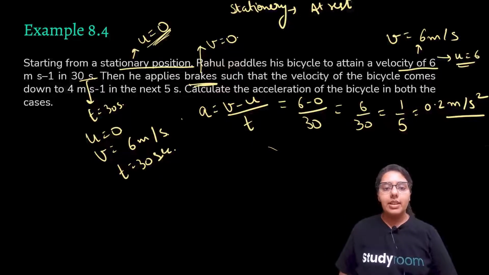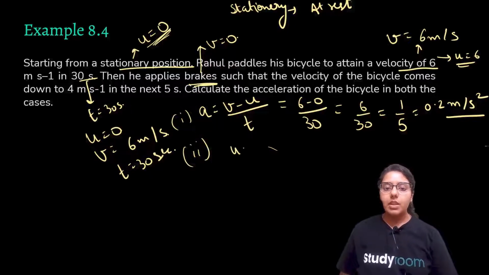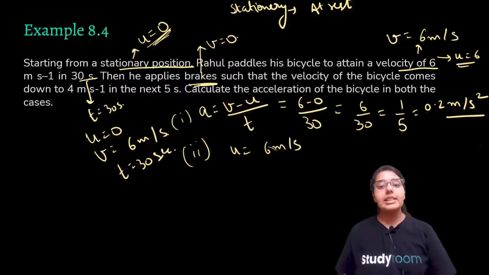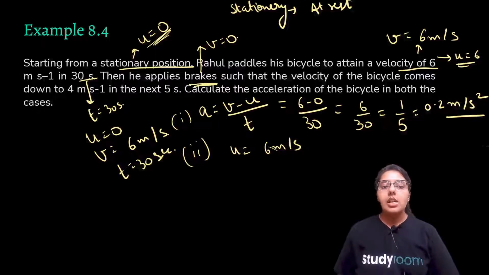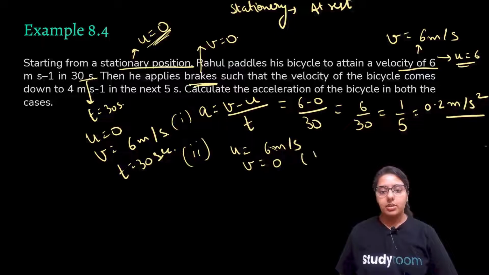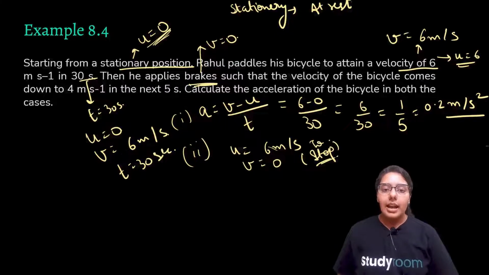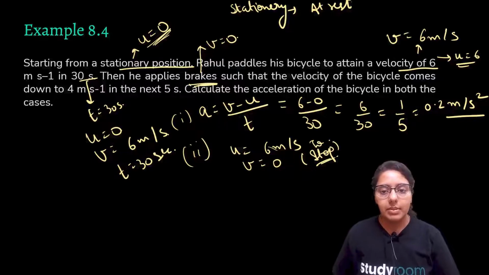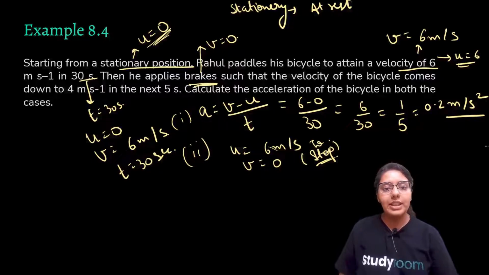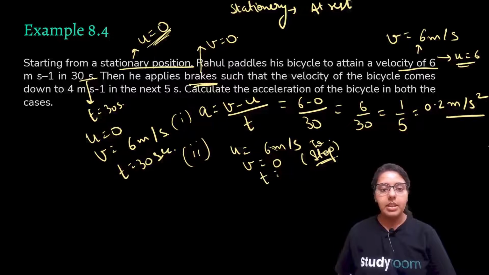So in the second case, your u is 6 meter per second. The final velocity of the previous case is the initial velocity of the second case. Initial means beginning, and your final velocity is 0 because we are applying brakes to stop. And what is the time? In the next 5 seconds. So now time is 5 seconds, right?